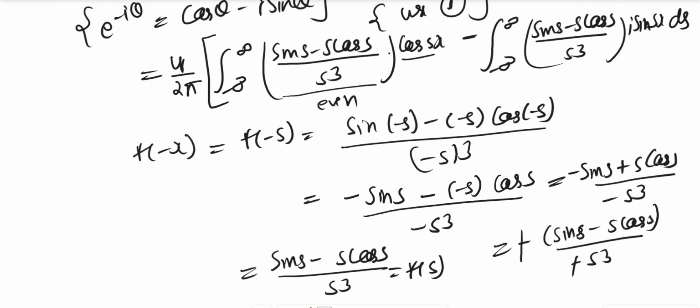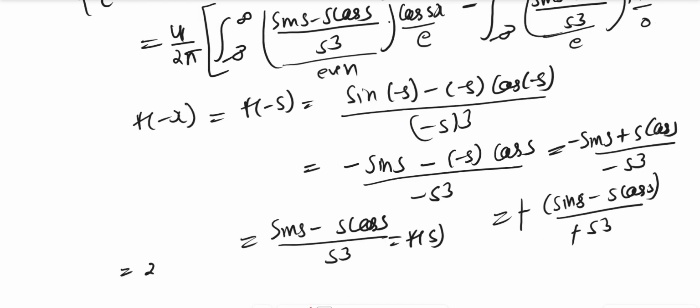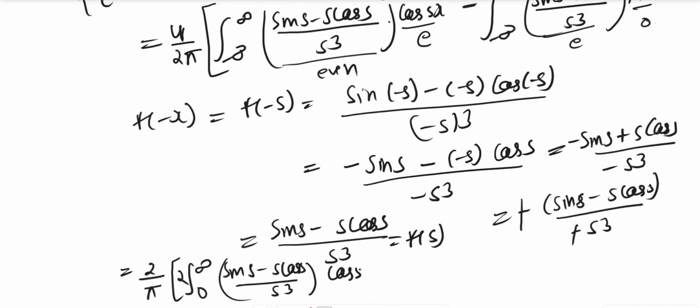Now this is even, this is even, this whole is even, this is even, this is odd, then it is odd. So this term is 0 and we can write it as 2 upon pi in bracket 0 to infinity, multiplied by 2, sin s minus s cos s divided by s cube multiplied by cos sx, with ds.